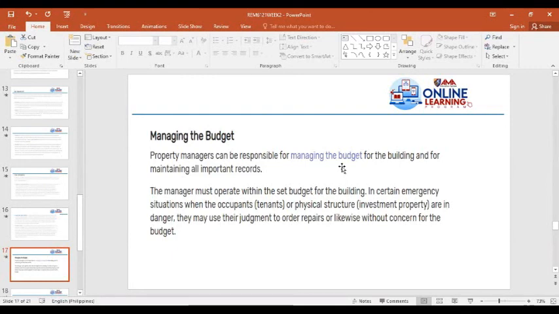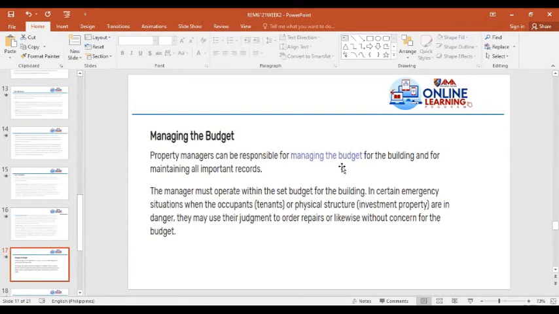So with this kind of responsibility of the property manager in handling budget, the property manager makes sure that the budget with regards to the different operations in the property, kailangan magamit ng tama.